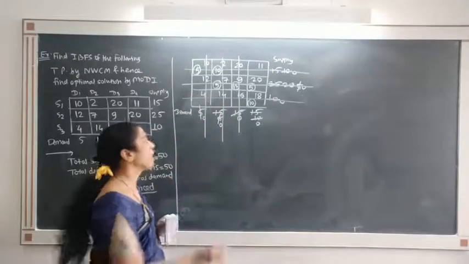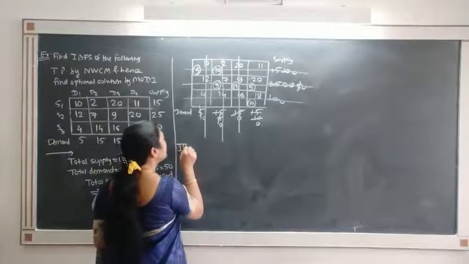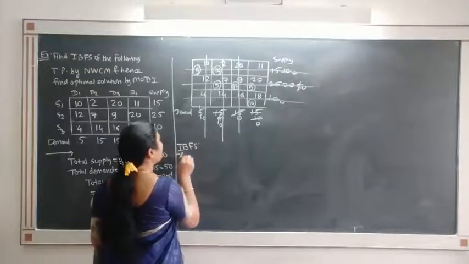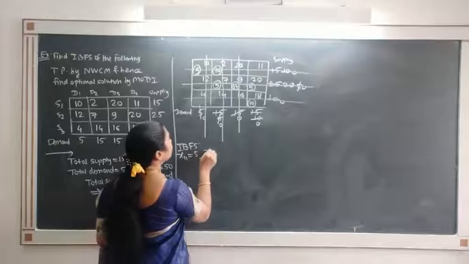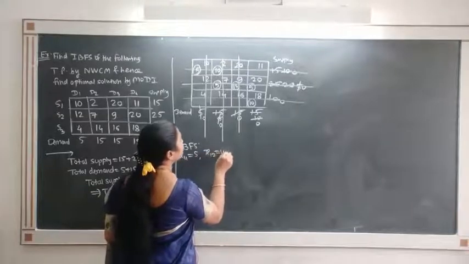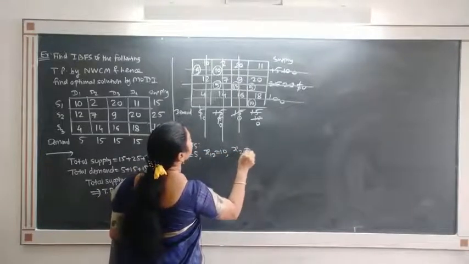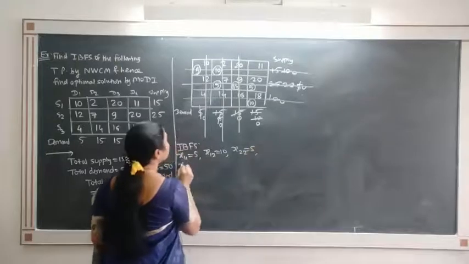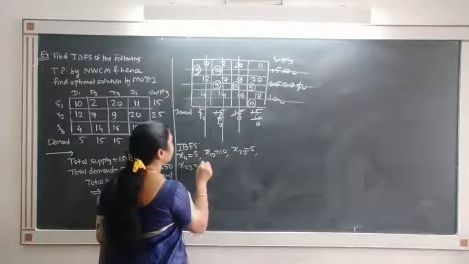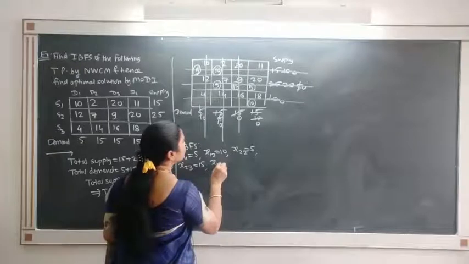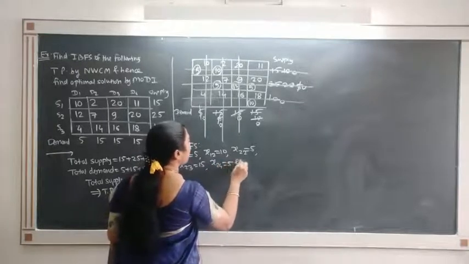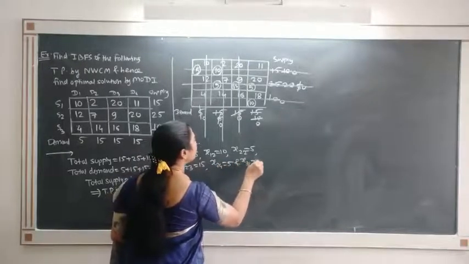satisfied, and we get the initial basic feasible solution as x11 equal to 5, x12 equal to 10, x22 equal to 5, x23 equal to 15, x24 equal to 5, and x34 equal to 10.